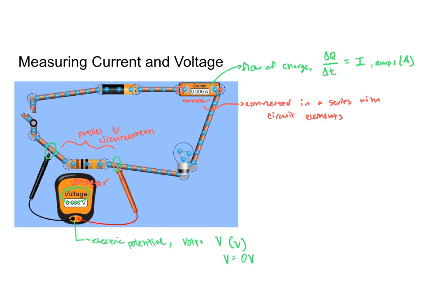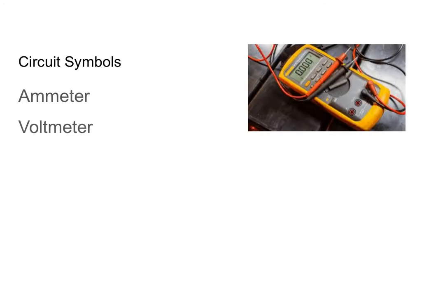And that is so that it's measuring the voltage drop across that element, because there's not really much voltage drop going on across any of our wires. So to represent our voltmeter and our ammeter, we also have additional circuit symbols, but they're very similar. An ammeter is a circle with an A in it to represent ammeter, and our voltmeter is represented with a circle with the letter V, which stands for voltmeter.